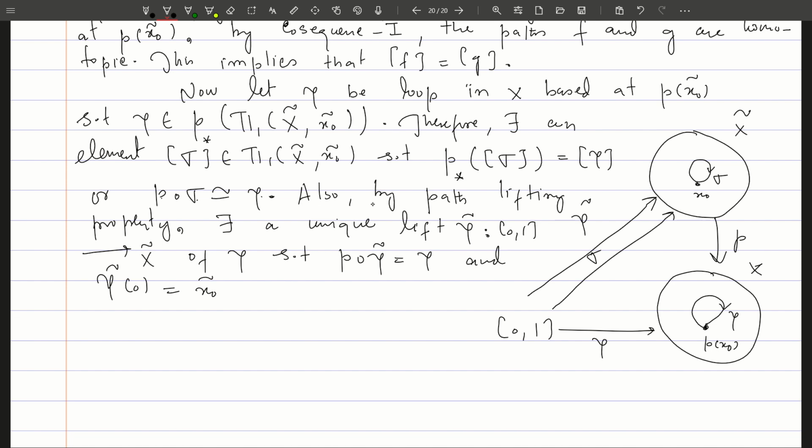So by the uniqueness, it follows that this gamma tilde has to be homotopic to sigma.